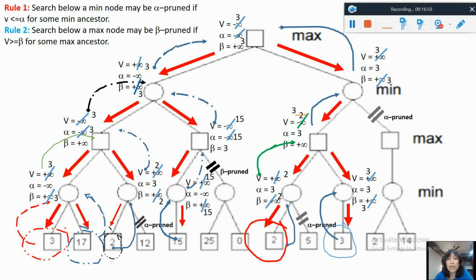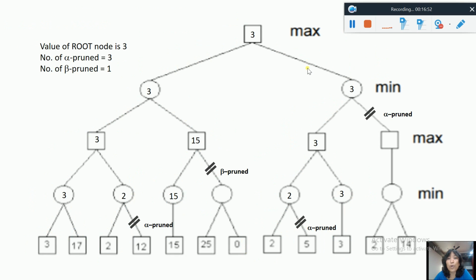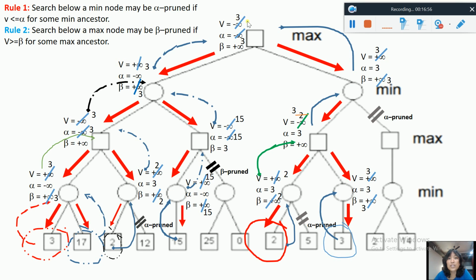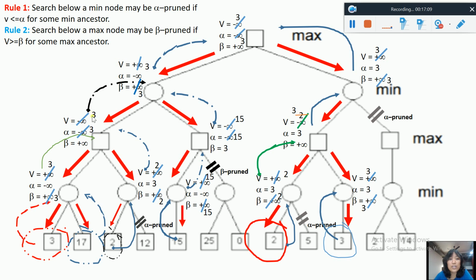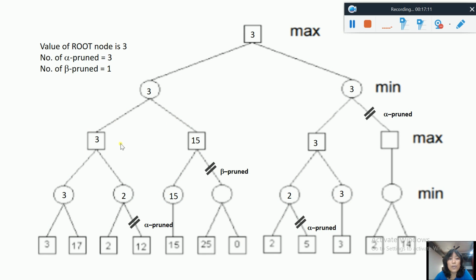If I update the values of all the nodes, then as the value of this node is 3, we will mark it 3. The value of this node is 3, so we will mark it 3. The value of this node is 3, so we will mark it 3.